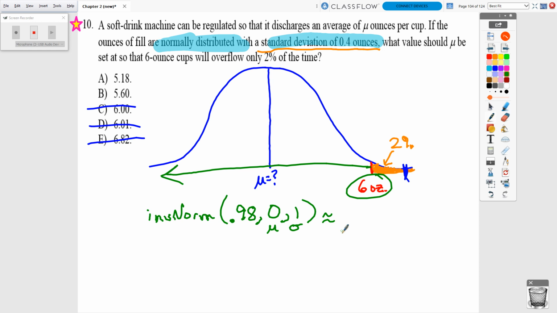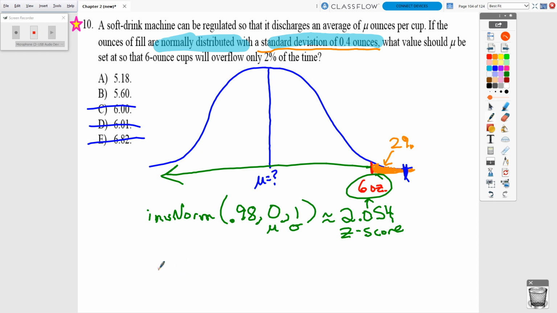If I type in my calculator, inverse norm, 0.98, and I leave mu at 0 and standard deviation at 1, that gives me approximately 2.054. Again, that number is a z-score for this 6-ounce cup. A 6-ounce cup is a little over 2 standard deviations above the mean.